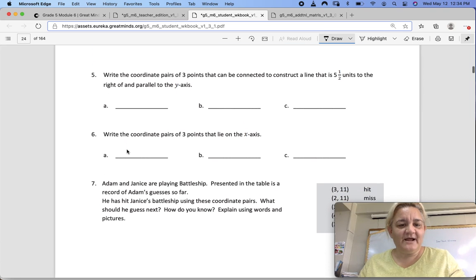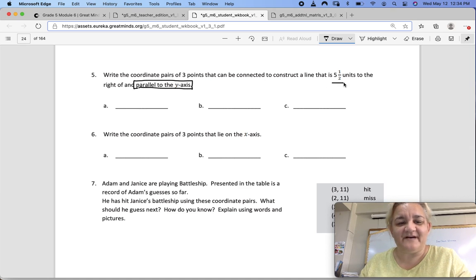Number 5, write the coordinate pairs of 3 points that can be connected to construct a line that is 5.5 units to the right of and parallel to the y-axis. So parallel to the y-axis means that the x values have to all be 5.5. Doesn't matter what they are, 5.5 is my x for all 3 of these.